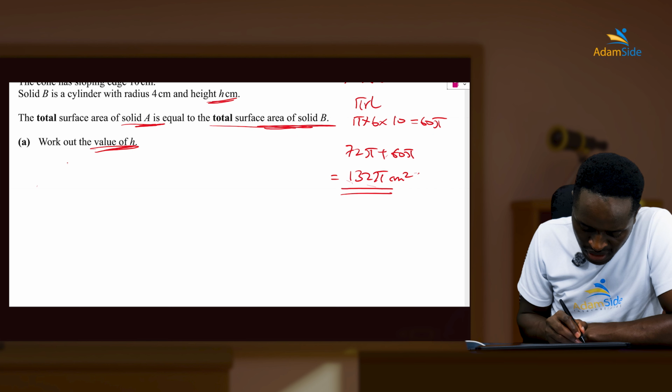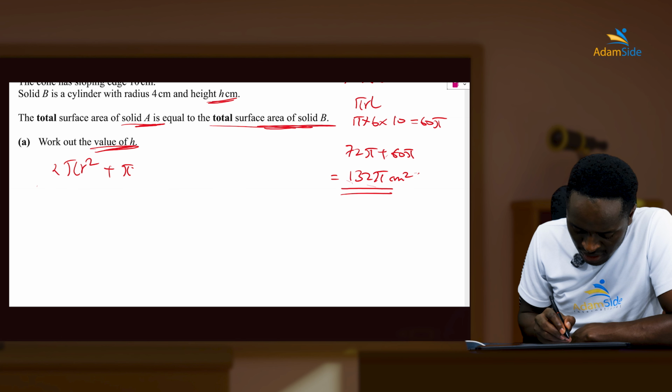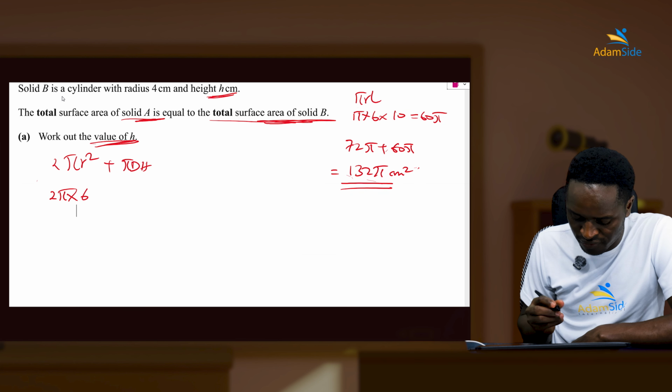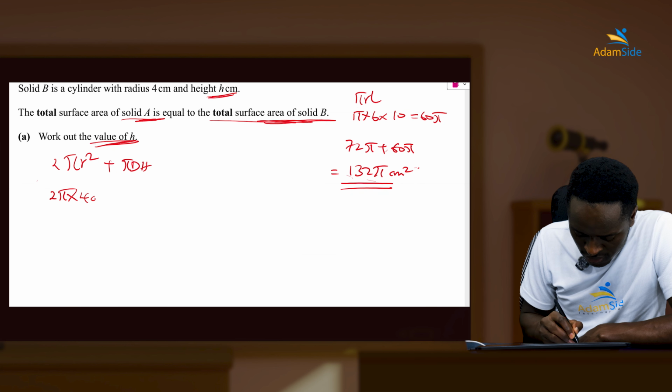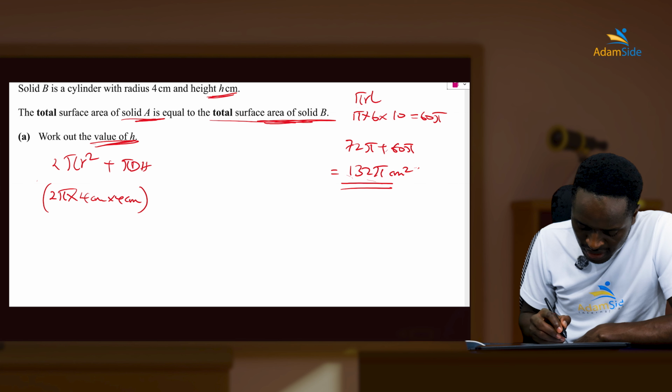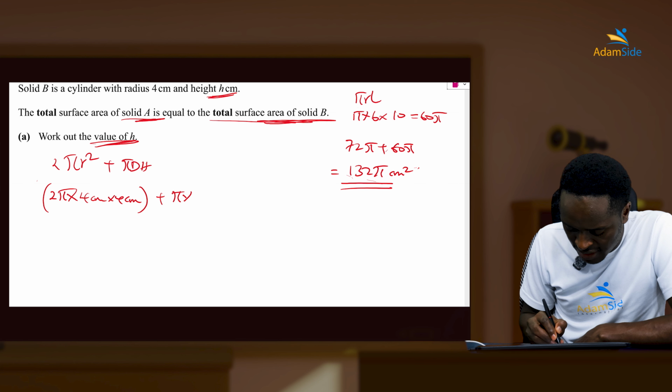Now we say it's 2 pi r squared plus pi d h. So 2 pi times the radius, which is 4 centimeter, times 4 centimeter. Then plus pi times diameter, which is 8 centimeter, times the height we don't know.